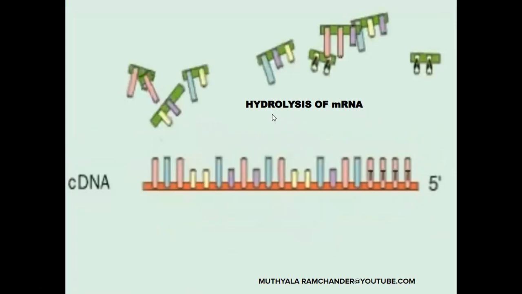This process is called hydrolysis. Before hydrolysis, the hybrid mRNA-cDNA is present. If we use the hydrolysis process, the mRNA cleaves into fragments and leaves the cDNA strand. Finally, we observe only single-strand DNA, also called complementary single-strand DNA.